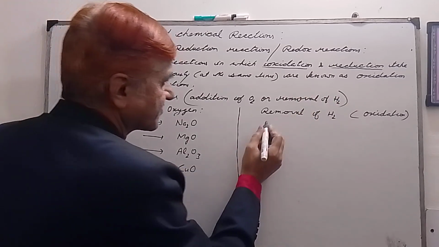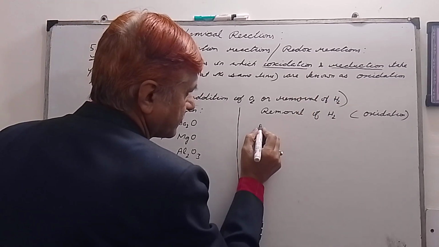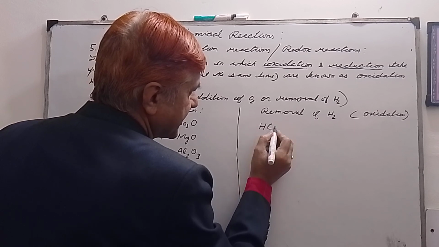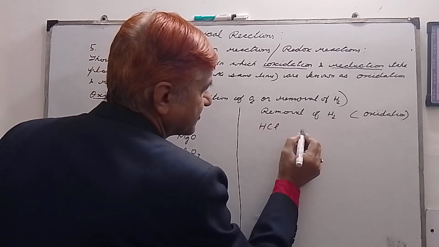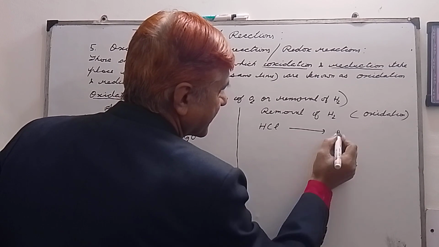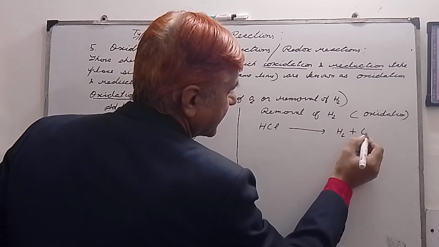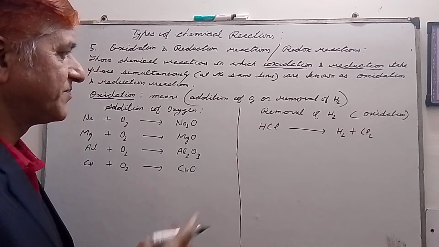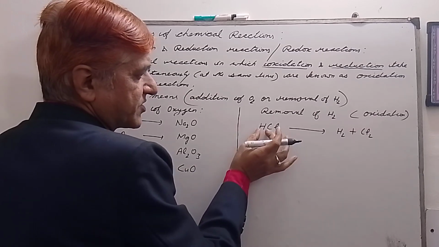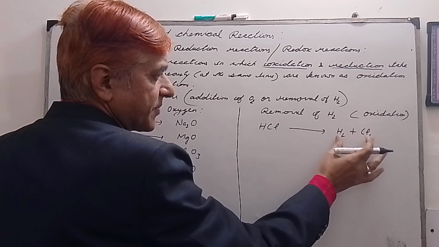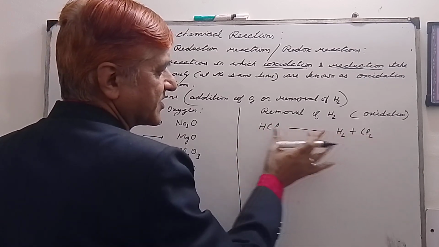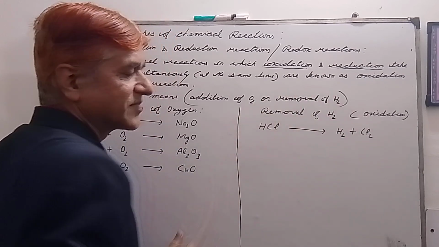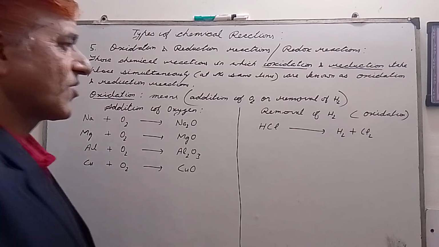For example, we have HCl giving H2 plus Cl2. Now here hydrogen got separated from chlorine. So removal of hydrogen, so this is actually oxidation.